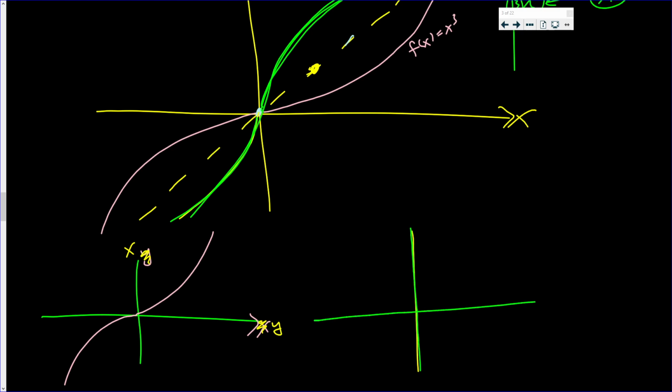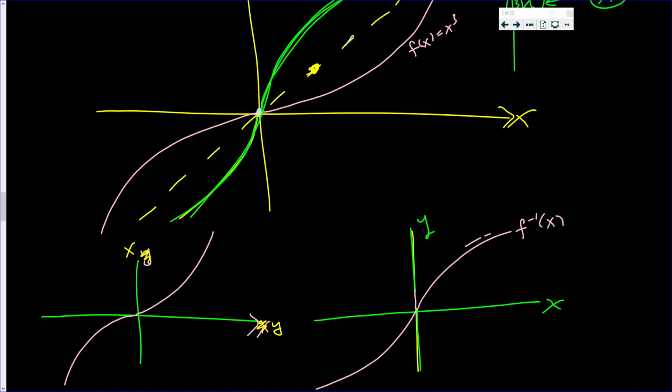But if you rotate it so x is here and y is there, I guarantee you what you are going to see is the following. Okay, what you are going to see will be this. And this is going to be f inverse.